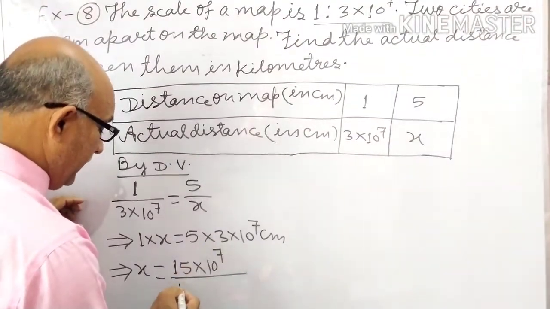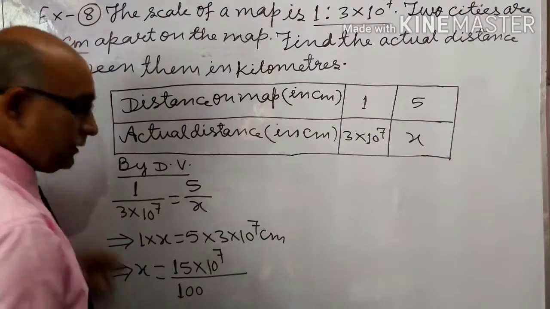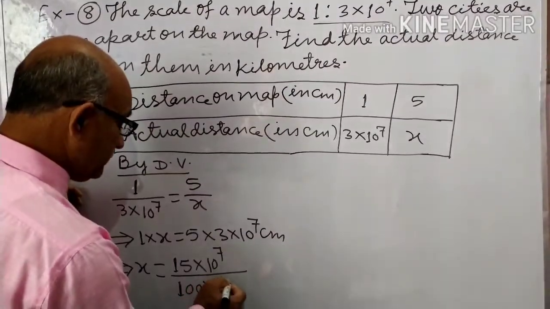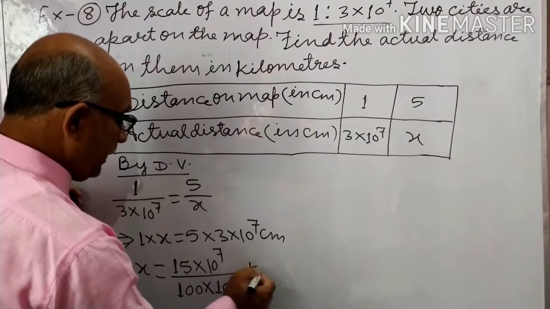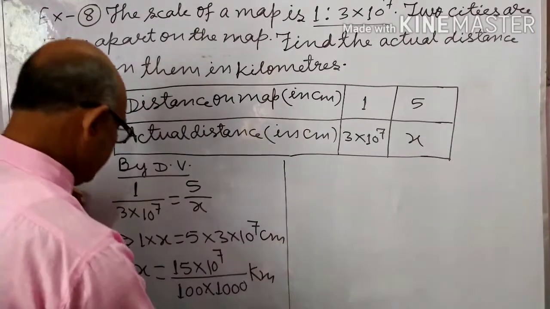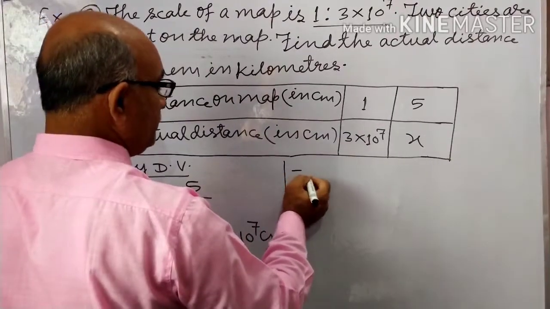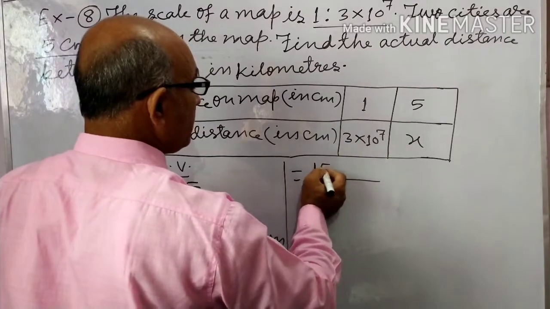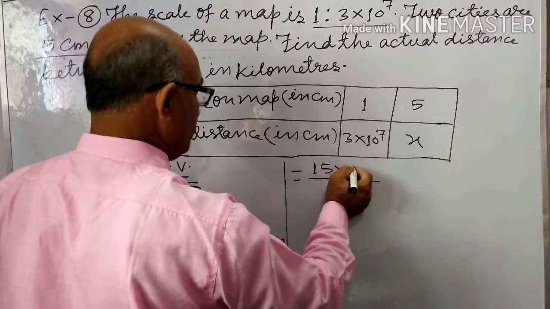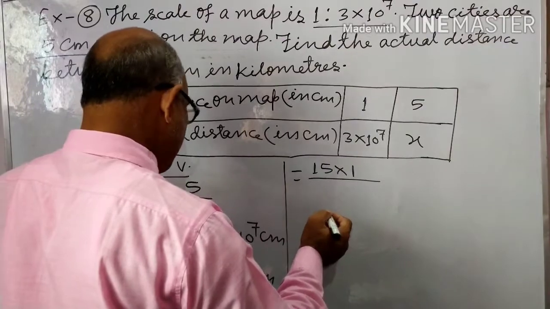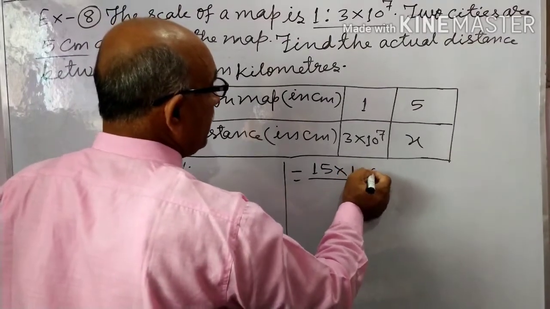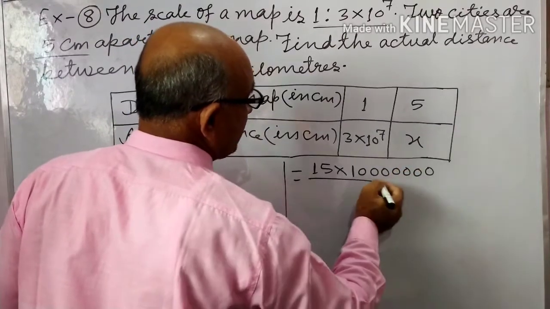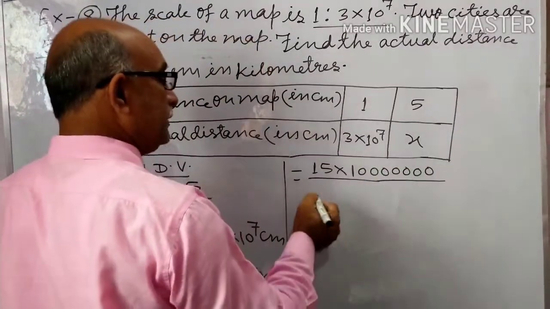So centimeter divided by 100 changes into meter, and meter divided by 1000 changes into kilometer, equal to 15 into 10 to the power 7, which means 7 zeros on 1.